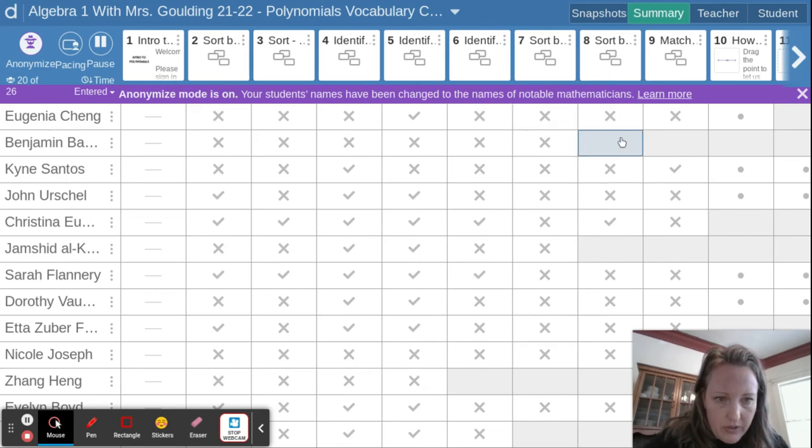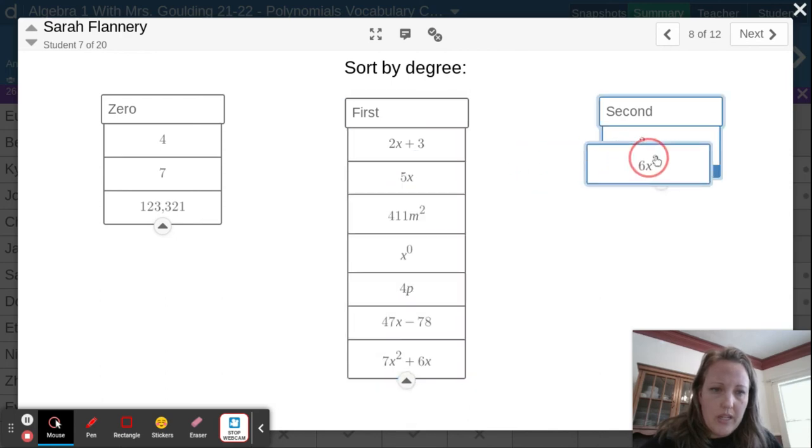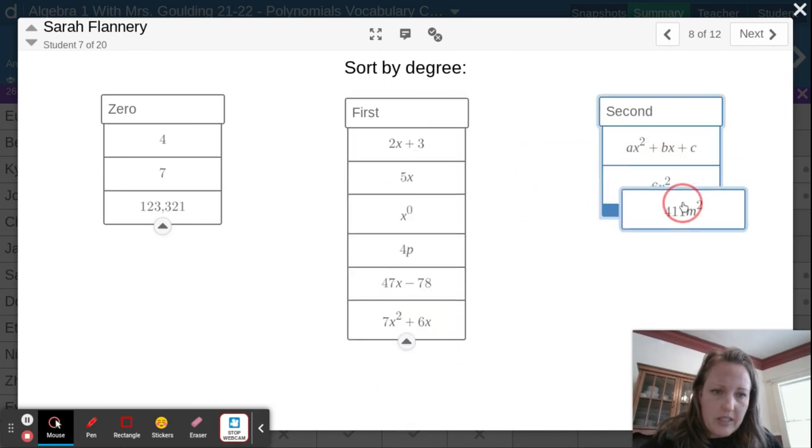I'm going to choose a different person. Somebody who has tried. Sarah Flannery. Okay. Sort by degree. 0, perfect. These are great. First degree, yes, no. So where you have that exponent of 2, that's bumping it up to the second degree.